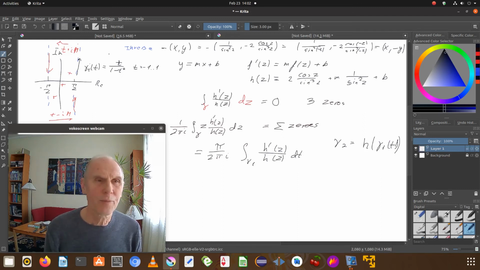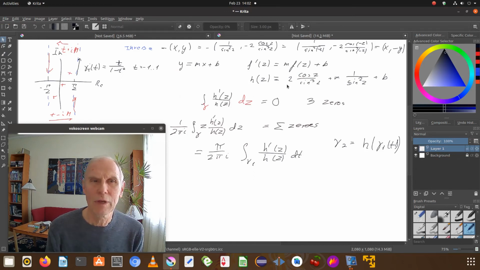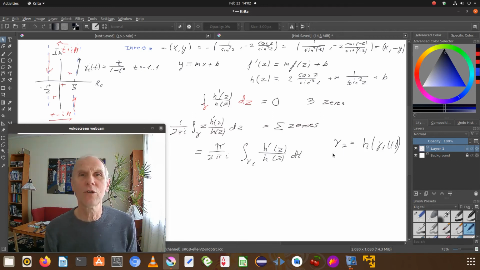And as t tends toward -1, gamma will tend to -infinity, so this will tend to b. And as it tends to unity, the same thing happens. So it's actually a loop.